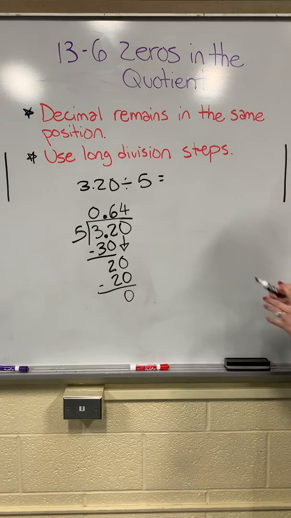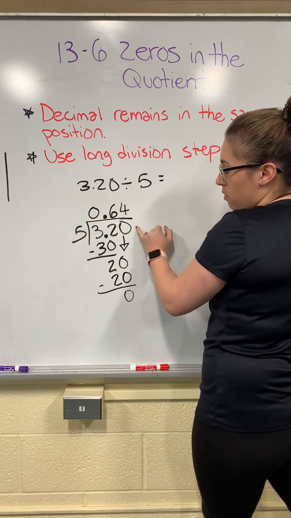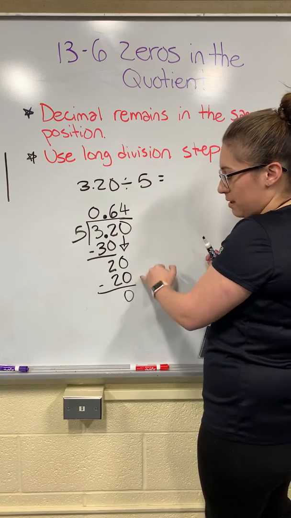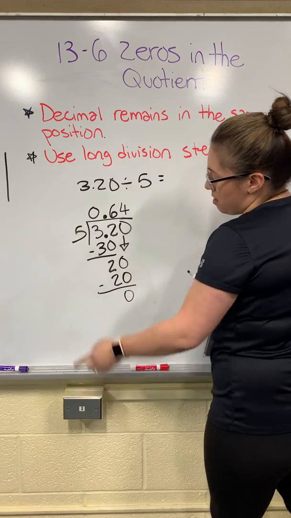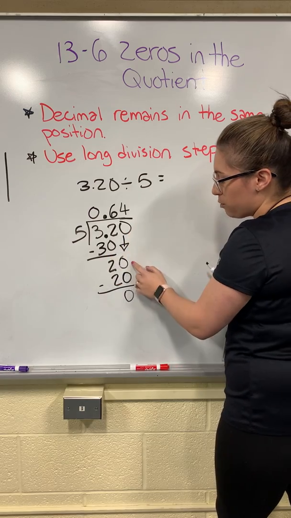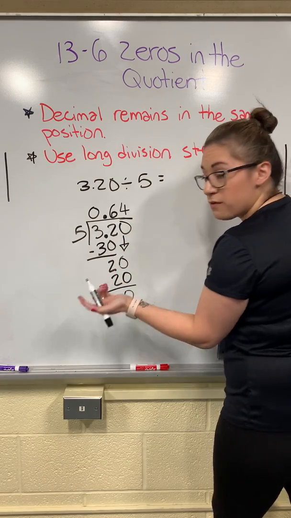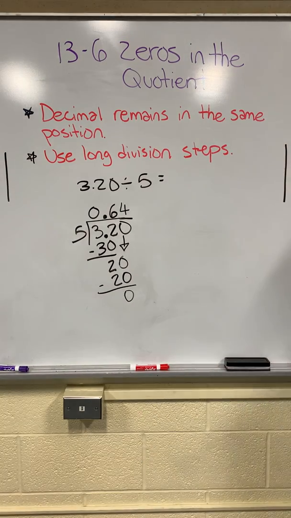So this was an example of how sometimes we have zeros, which we're going to use on the inside to make a number big enough for us to divide with. So because that 5 couldn't go into the 2 all by itself, when we bring down that 0, even though it is one of our steps, 5 can now go into 20 evenly. Okay?